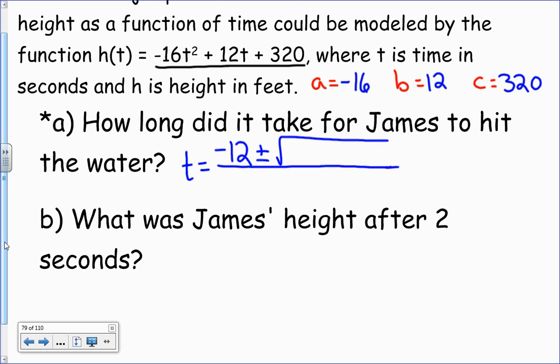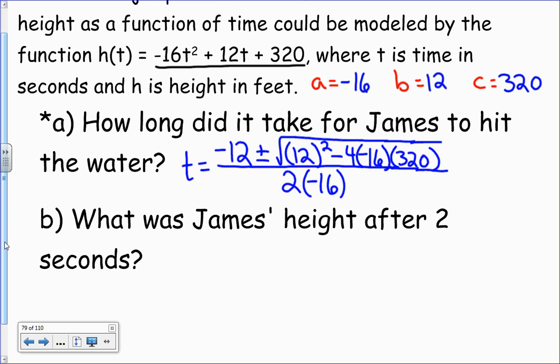And underneath that square root, we'll have B squared. And we'll put a 12 in the parentheses and square it. Minus 4 times A, and we'll put negative 16 in parentheses, times C. So next to that, we'll put 320. And all of that will be over 2 times A. So on the bottom, I got 2 times negative 16.